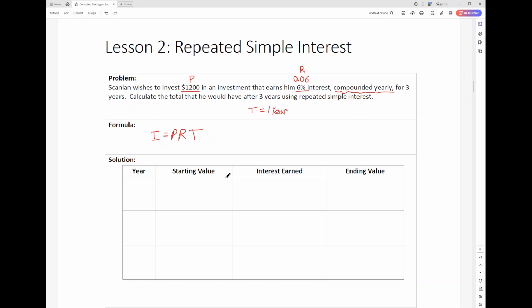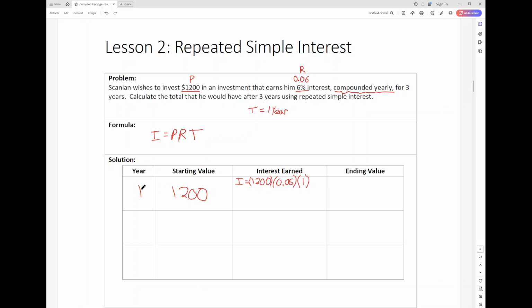Okay. So if I start in my year one here, my starting value is $1,200. So interest earned, I need to use my I is equal to PRT formula for that. So I is equal to 1,200 times 0.06 times 1.